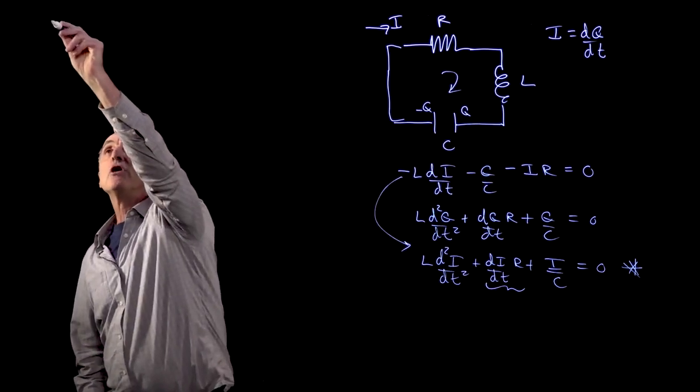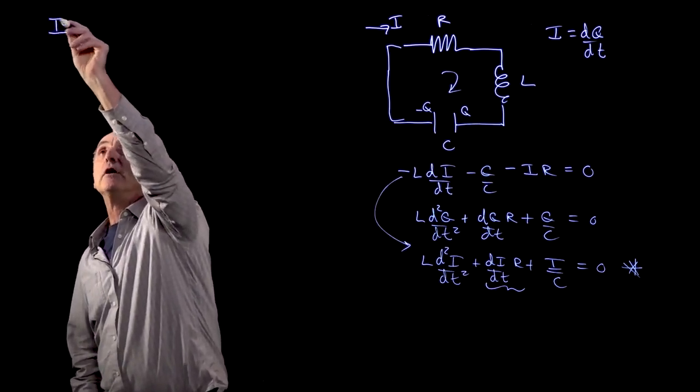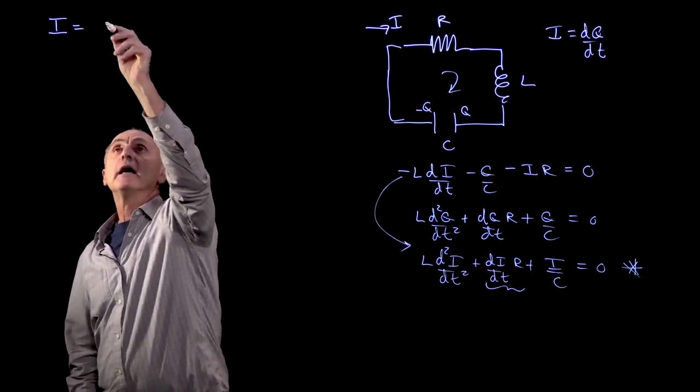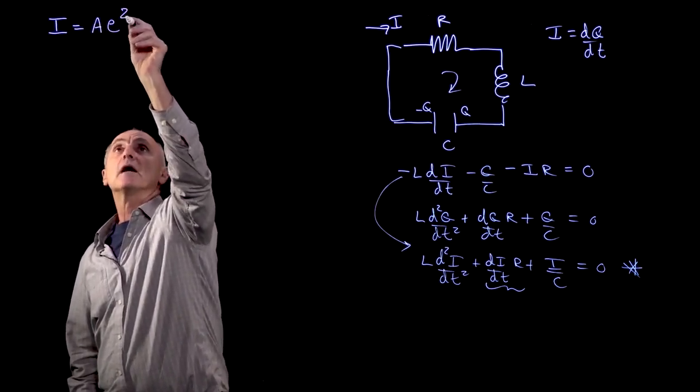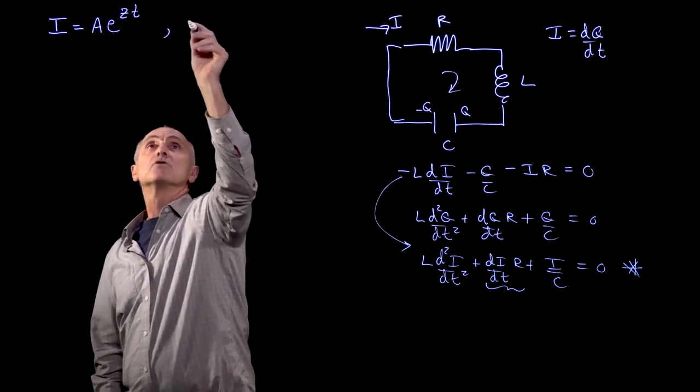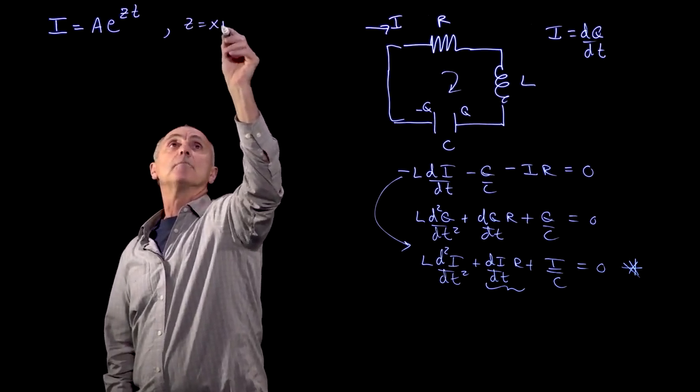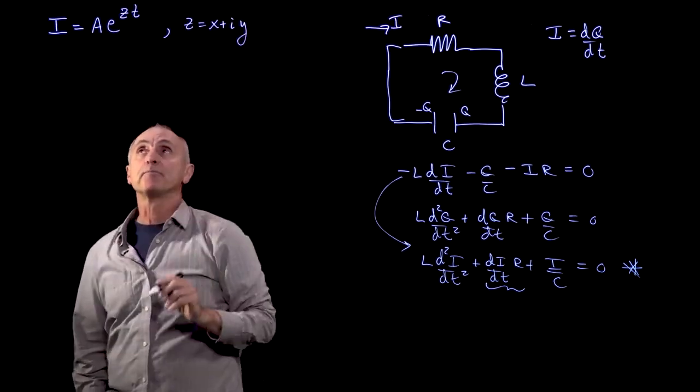We could do it with charge or current. So let's write our current as an amplitude A times e to the Zt, where Z is some complex number.